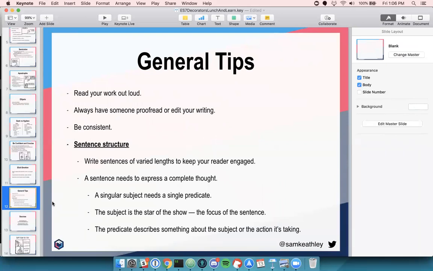There was something under general tips I had a question about. With regard to reading your work aloud, it's also good to read it backwards if you're looking for spelling specifically, or extraneous words, which is a little weird, but it works. And with regard to sentence structure, one thing that Will and I have mentioned in comments is that you can think of a sentence like code, being logically structured.